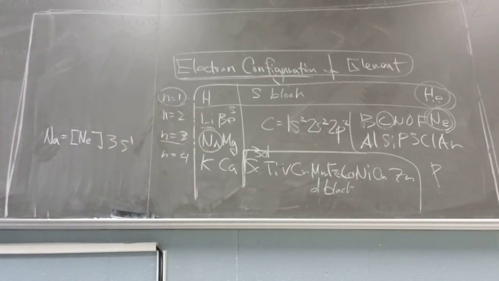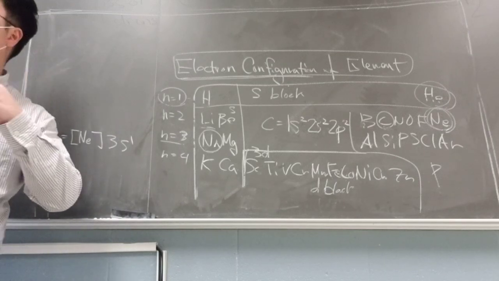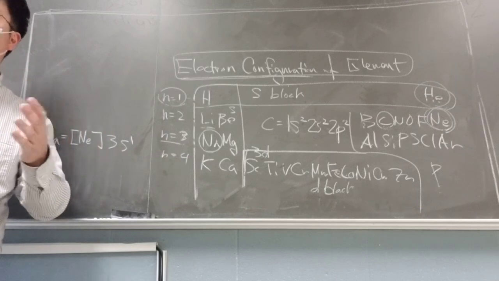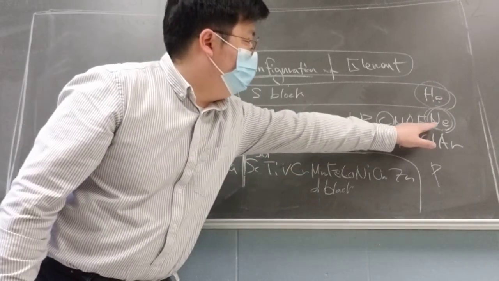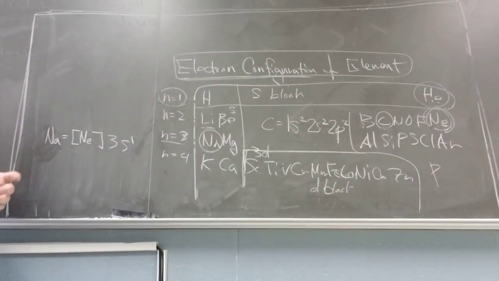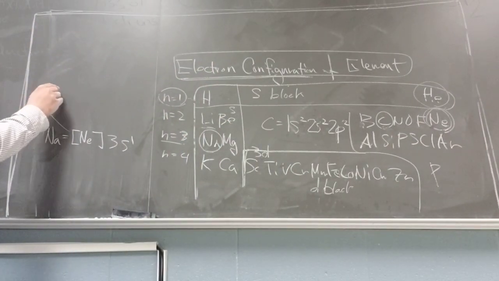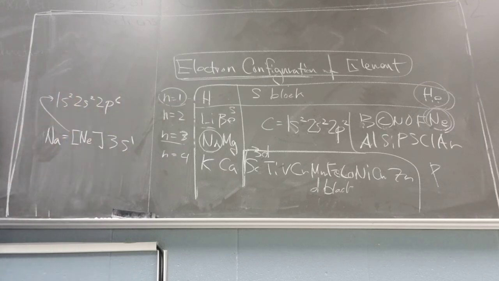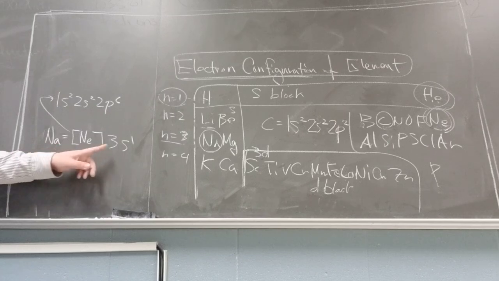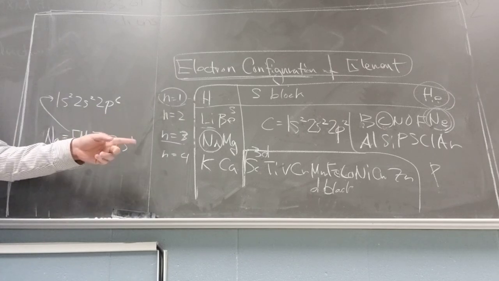That's it. So you don't have to do 1s2, 2s2, 2p6, 3s1, all that now. You can abbreviate it with the noble gas in the bracket. Because the neon has all that already there. So if you just put it in the bracket, you only need to do 3s1 for this one.